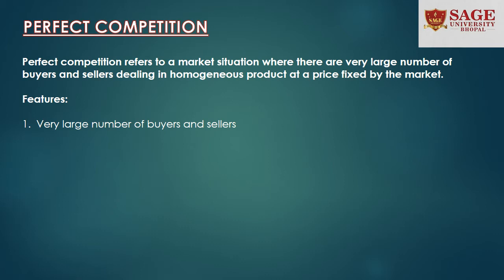Similarly, a single buyer's share in total purchase is so insignificant because of their large number that an individual buyer cannot influence the market price. Next is homogeneous product. The products offered for sale in the market are homogeneous, that is, the products sold are identical in all respects like size, shape, quality, color, etc.